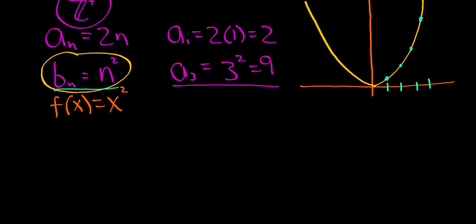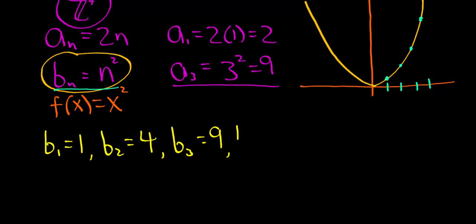You'll be given a sequence like this and they'll just list it. In other words, we know that b1 is equal to 1, b2 is equal to 4, b3 is equal to 9, and b4 is equal to 16. So we can calculate those.